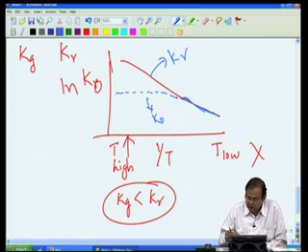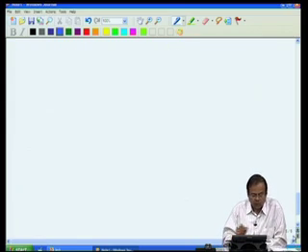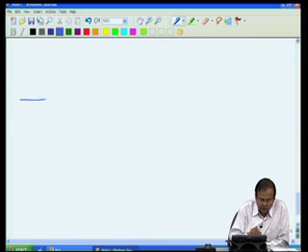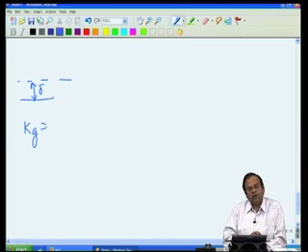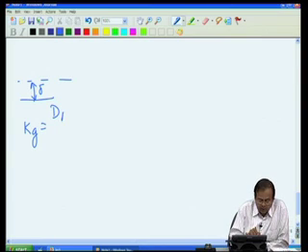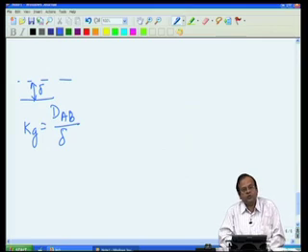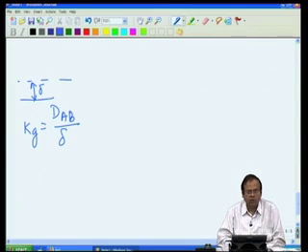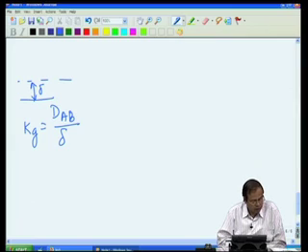Now, how do we get this mass transfer coefficient? Recall that we said this is a surface, this is my boundary, thickness delta. If we write the diffusion equation, we can show that the mass transfer coefficient is nothing but the diffusion coefficient of A in the mixture AB divided by the thickness of the boundary layer.